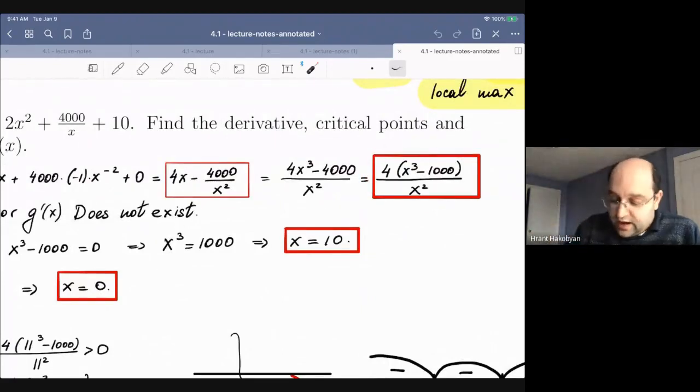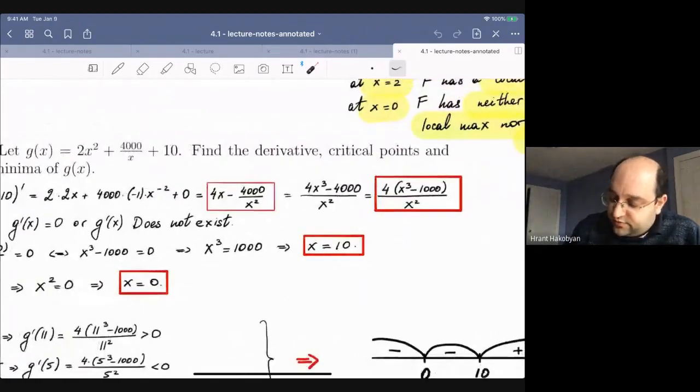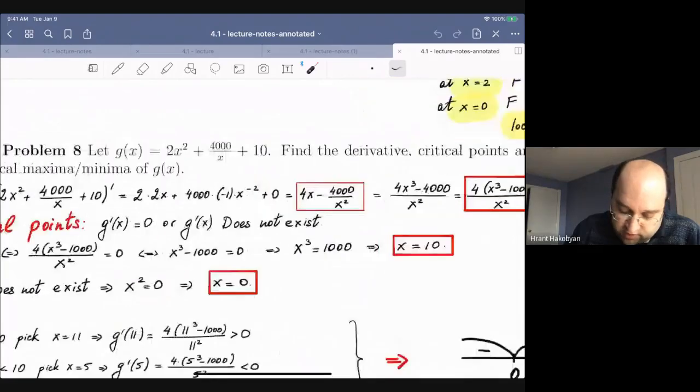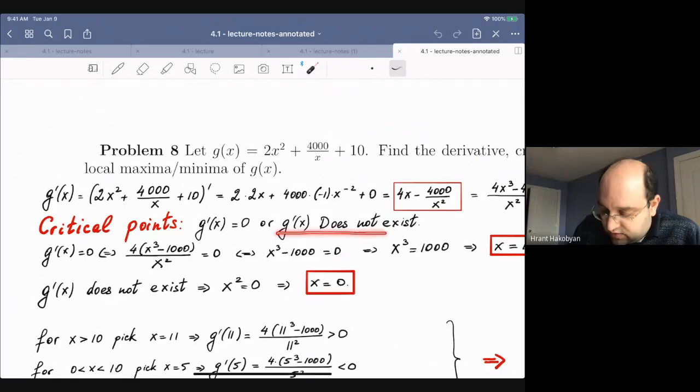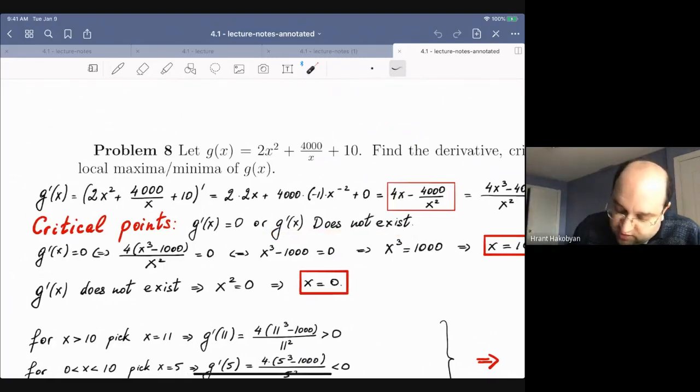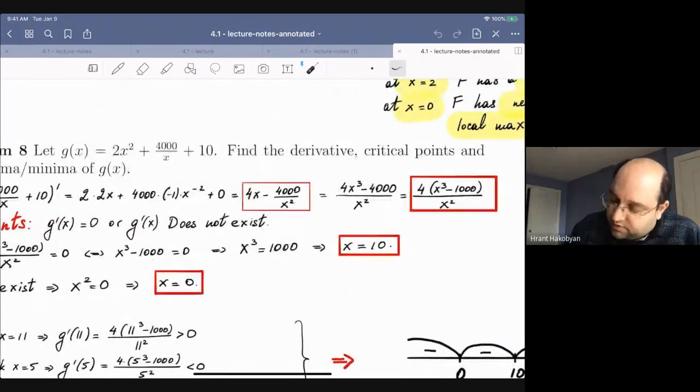Now the next thing, after finding the derivative and simplifying, is to find the critical points, right? The critical points, if you remember, are the points where the derivative is 0 or the derivative does not exist. Here, both of these things can happen. This is my derivative. If you plug in x squared equal to 0, then this does not exist.